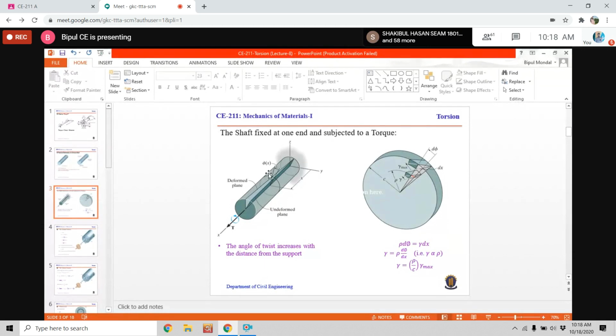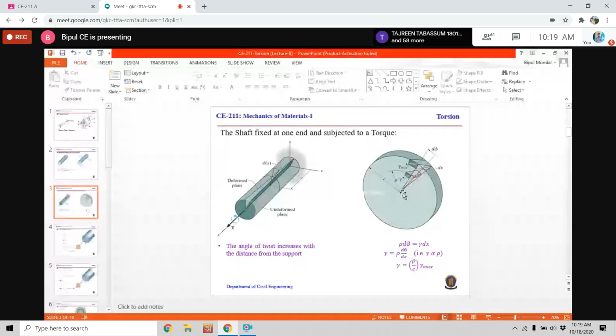If we take a cross section from here with a small dimension, dx, or the length along the axis is dx. Initially, the plane was there, and after applying torque, the plane has been shifted here. So this is the original plane, and this is the deformed plane.